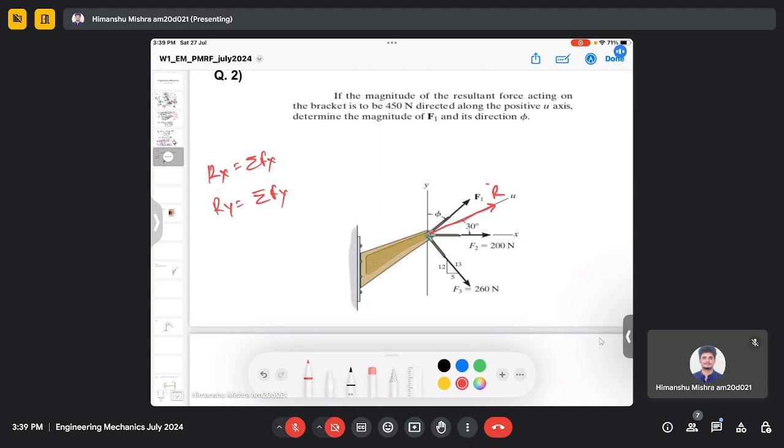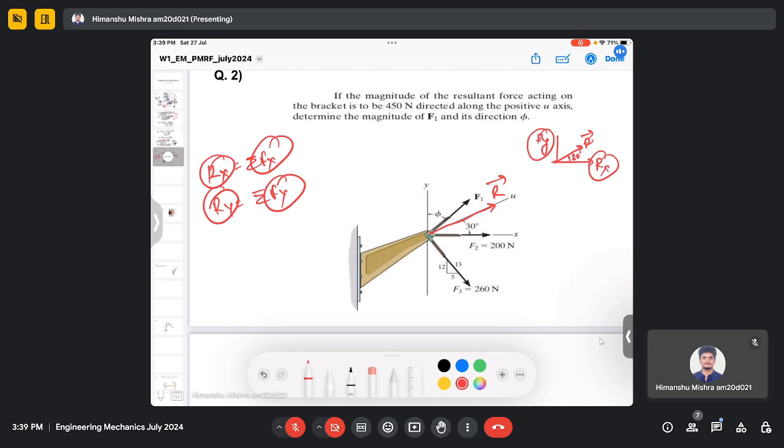So since resultant is a vector force, you can actually find the components of the resultant force. You have a vector R, which is 30 degrees from the horizontal axis. So you can actually calculate Rx and Ry. Once you calculate Rx and Ry, you can substitute the values here, and you can actually calculate the different components of force Fx and Fy. Right. So this is the way we can do it.